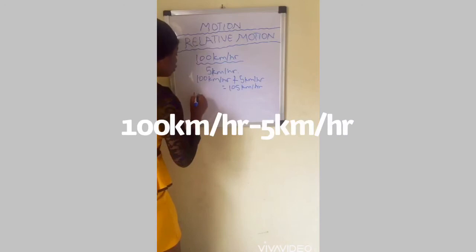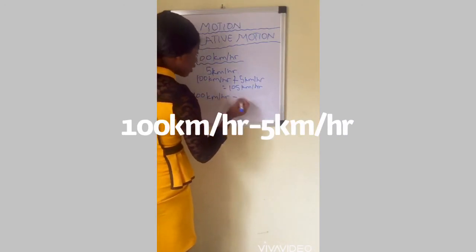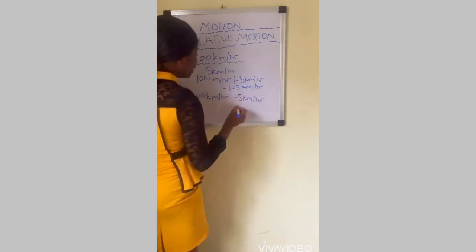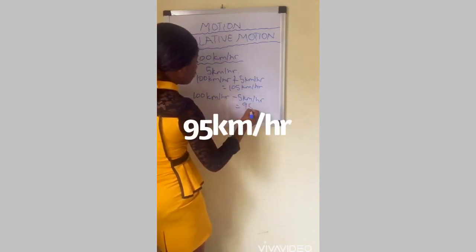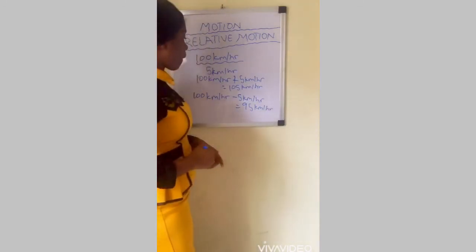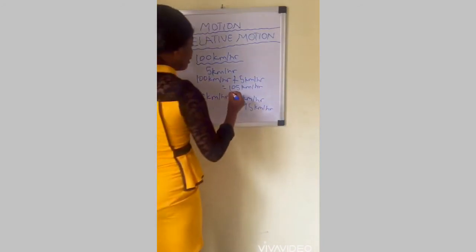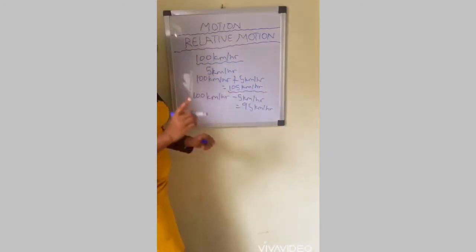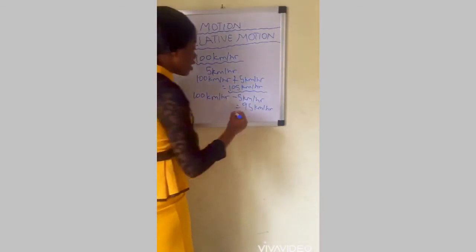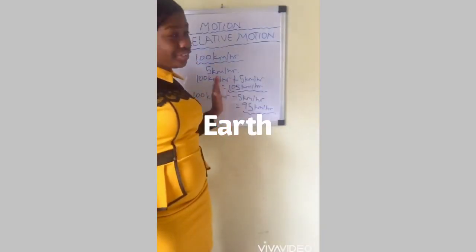It is now 100 km/h minus 5 km/h, which is 95 km/h. So with respect to the earth, as he moved towards the driver, his speed increased. As he's coming back to his seat, his speed decreased. This is with respect to the earth.